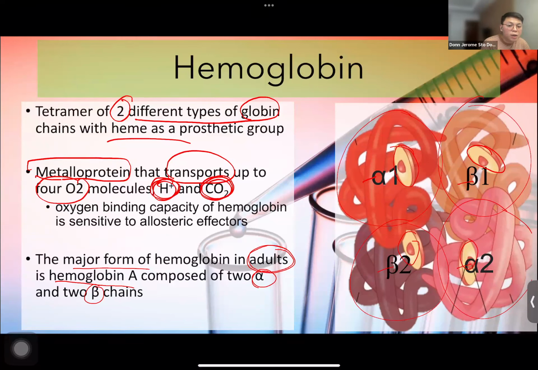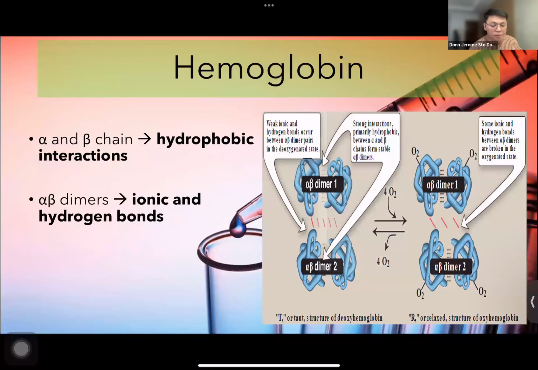Therefore, the reversible binding of oxygen to your hemoglobin is affected by allosteric effectors. Sa hemoglobin lang po yan nakikita. Wala pong allosteric effectors sa myoglobin. Pag sinabi nating allosteric effectors, these are the conditions that affect the reversible binding of your hemoglobin for oxygen. Siya lang po. Wala po si myoglobin.